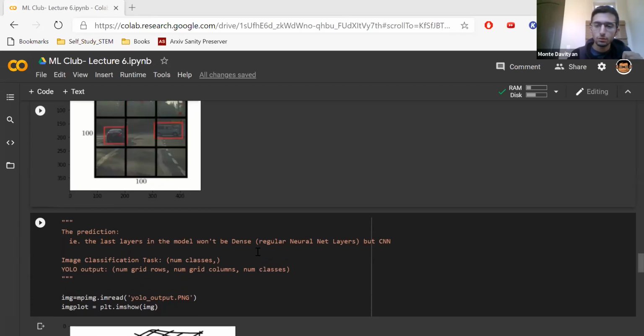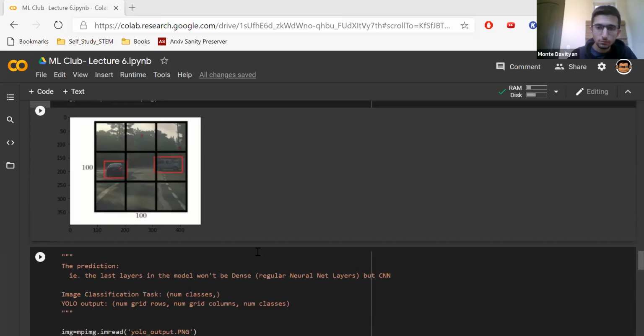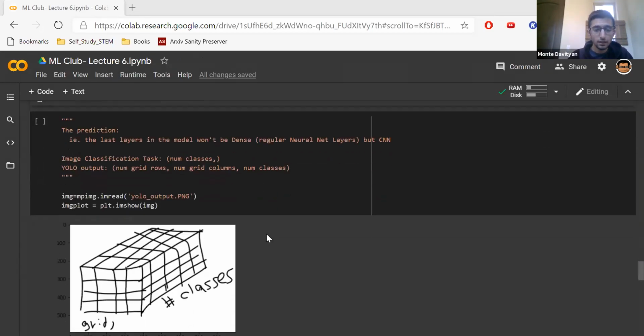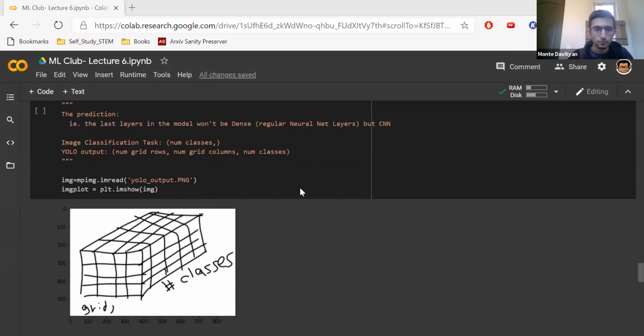Because we're not only outputting the number of grids, but also what it is, or the number of classes, for example, is it a car or is it not a car? Let's see how that looks. We're going to have a multi-dimensional output.